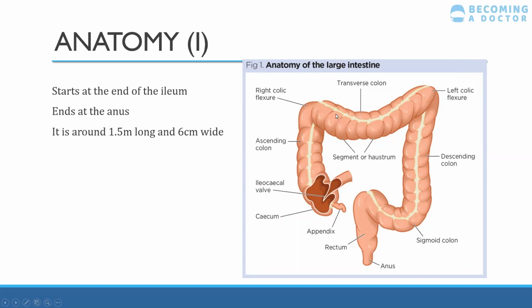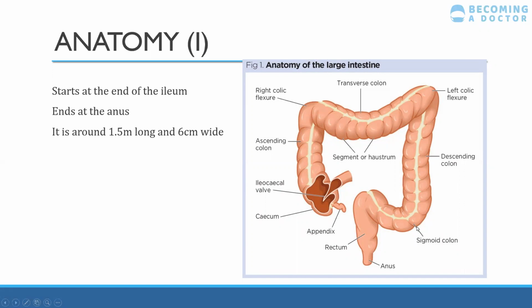Your transverse colon is basically the least fixed part of the colon, and the position of this can be variable. So, for example, it can dip into the pelvis in really tall and thin individuals. And unlike the ascending and descending colon, the transverse colon is intraperitoneal, so it is enclosed by your transverse mesocolon.